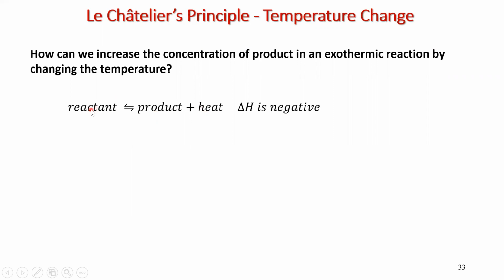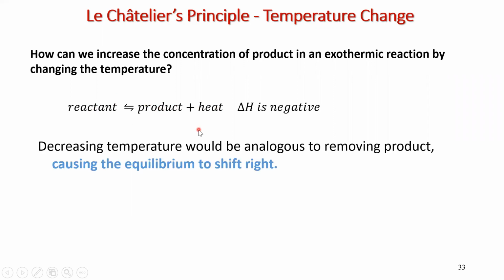Well, if we want the reaction to shift towards the right to increase product, we would need to decrease the temperature. Decreasing the temperature will cause a shift to the right, which will increase the amount of product.